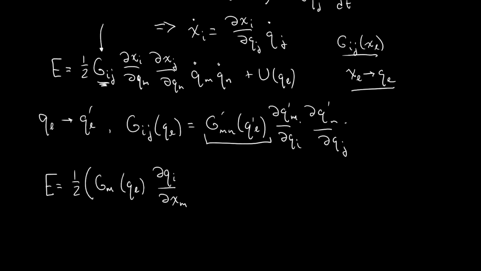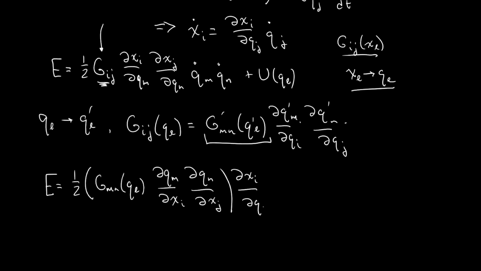So this should be mn. This should be mi, dq_n, dx_j. Like that. And then I have dx_i, dq_n.